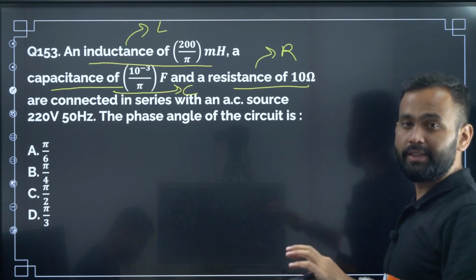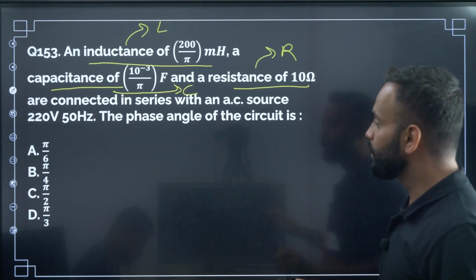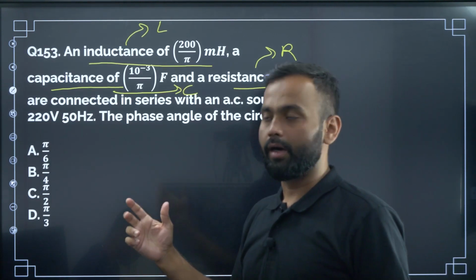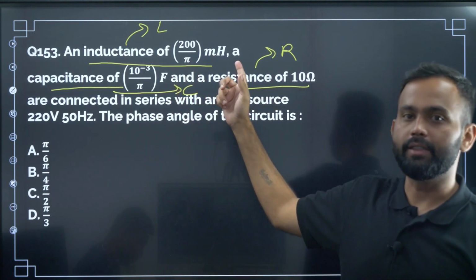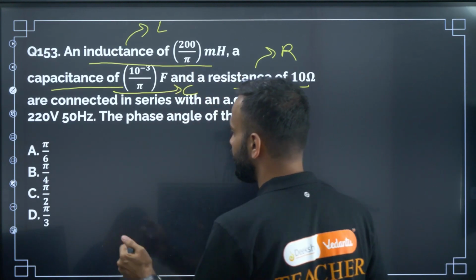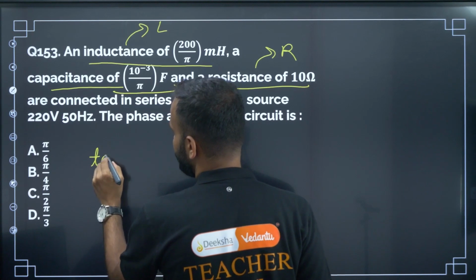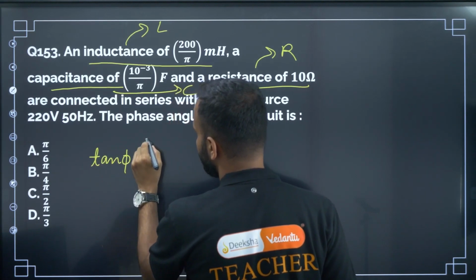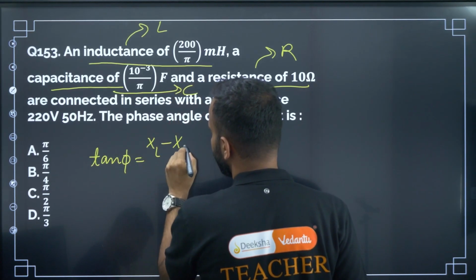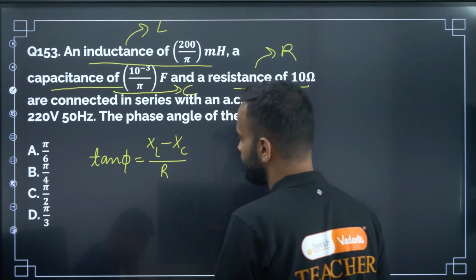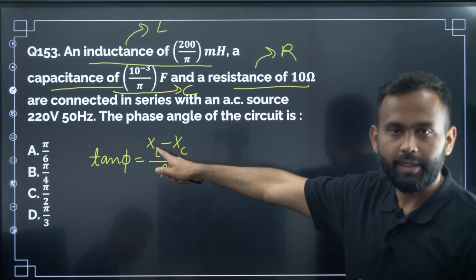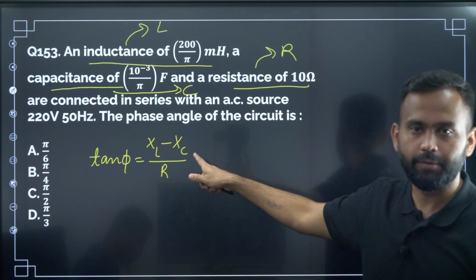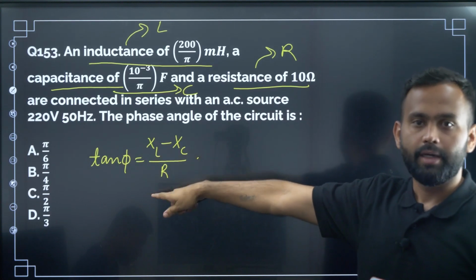So again this one is a very simple question, okay. So we know the relationship between phase angle, inductive reactance, capacitive reactance and resistance, right? What is the relation? The relation is tan phi is equal to XL minus XC divided by R, right? So XL is inductive reactance, XC is capacitive reactance, R is resistance.